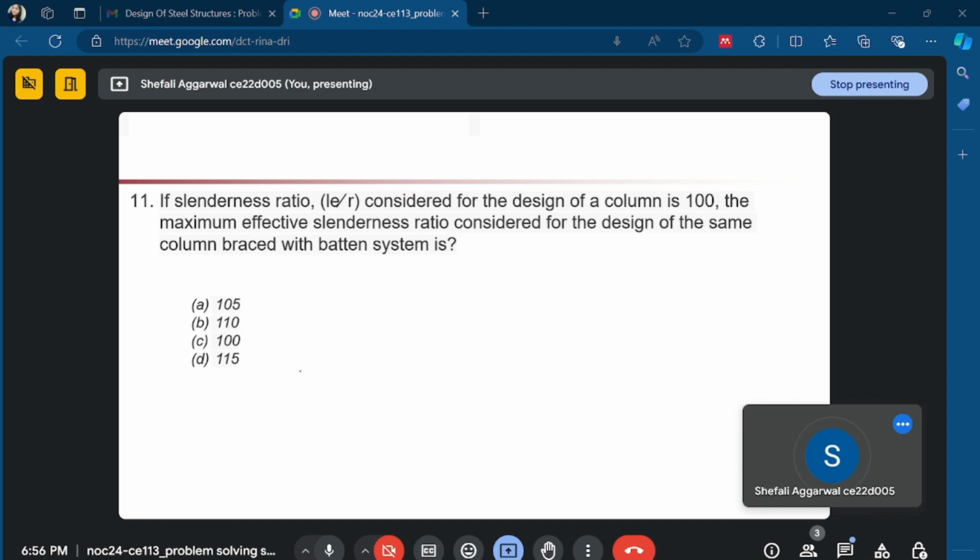Okay. So this is the last question. If the slenderness ratio considered for the design of a column is 100, the maximum effective slenderness ratio considered for the design of the same column with a batten system will be.